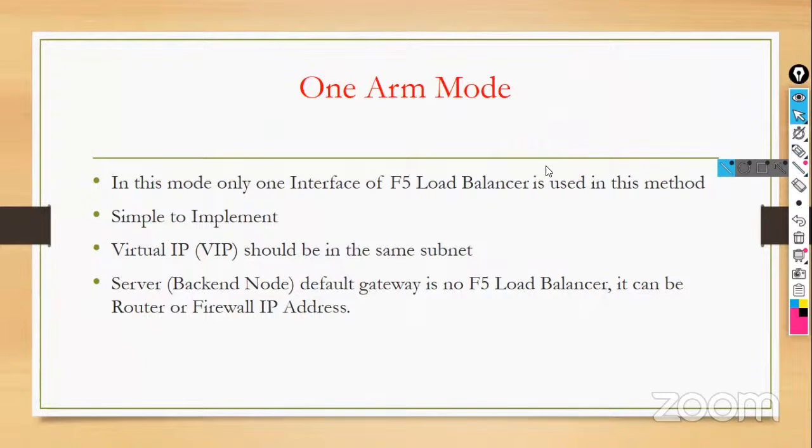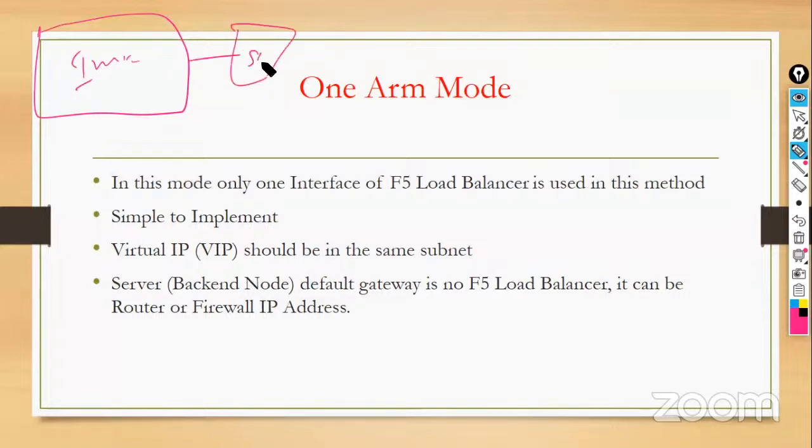So in the 1 arm mode, if you have the existing topology, for example, this is your internal network. Here you have these switches, it may be an L2 switch. Here you have the router. Here you have the firewall.